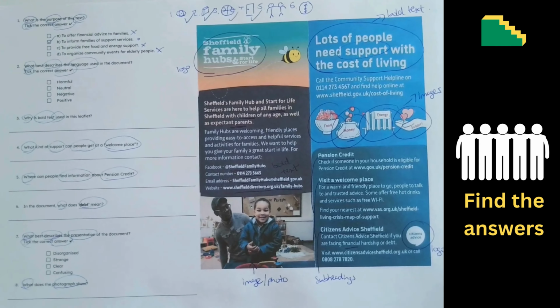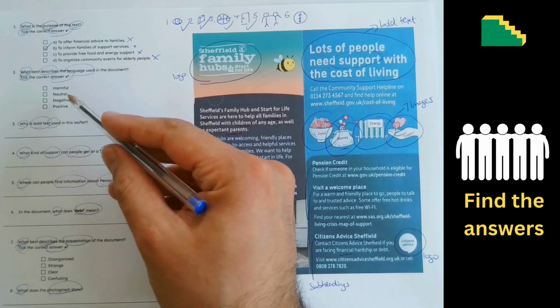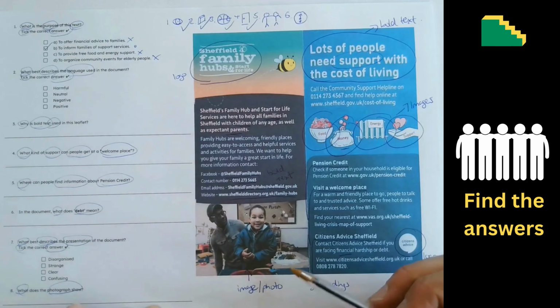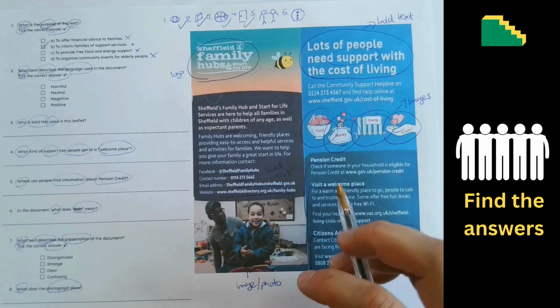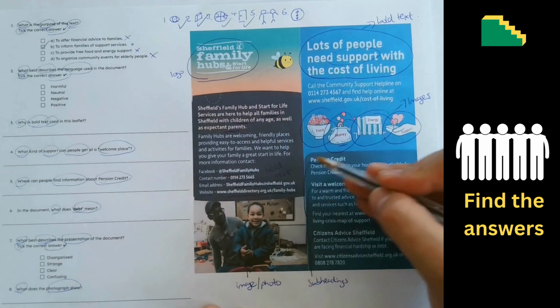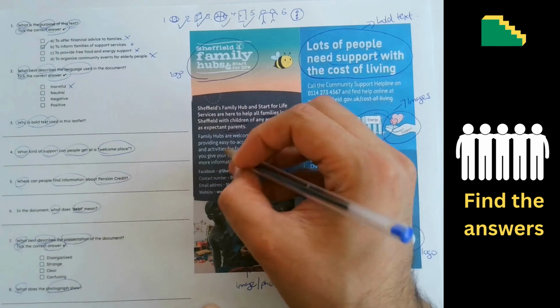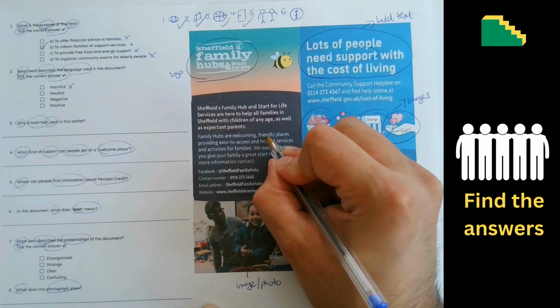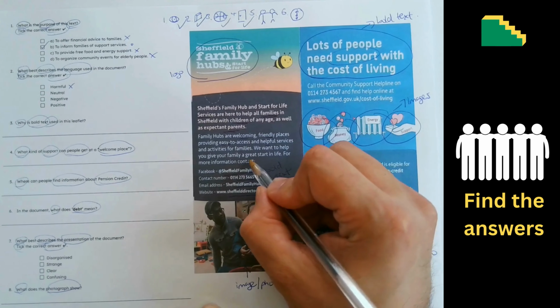Now the language inside the document, it seems to me to be majority of the time, positive language. But let's just check. It's definitely not harmful. There's words like helpful and easy, but that's not neutral language.